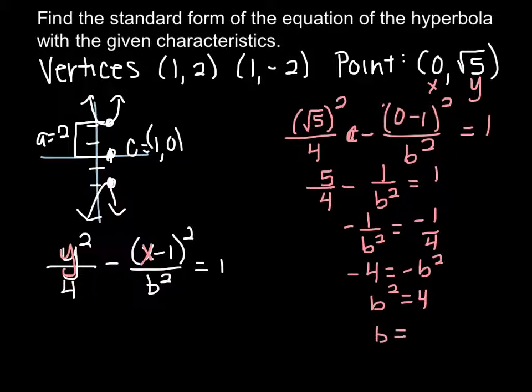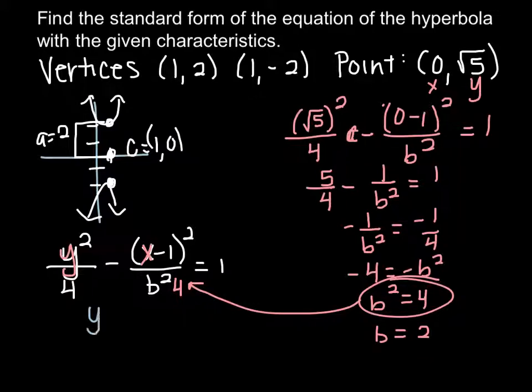Therefore, b equals 2. So if I'm plugging in for b squared, I would get 4. So my final solution of this equation is y squared over 4 minus (x minus 1) squared over 4 equals 1.